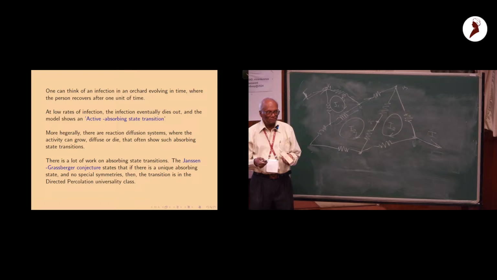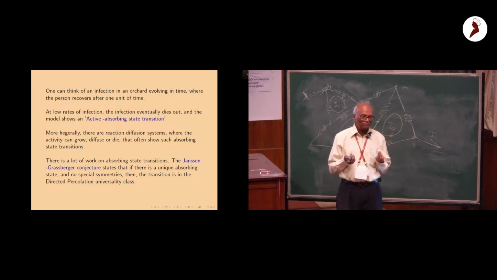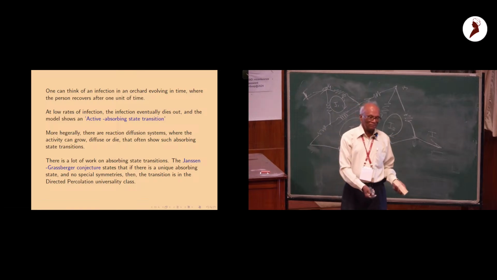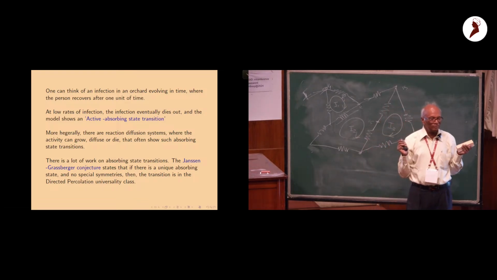Then typically one tree gets infected, but it recovers, and after it recovers, the infection cannot spread because everybody is healthy. But once in a while, it may happen that the infected tree infects one neighbor, but then that one recovers and this one also recovers, and in the end everybody recovers and the infection dies.